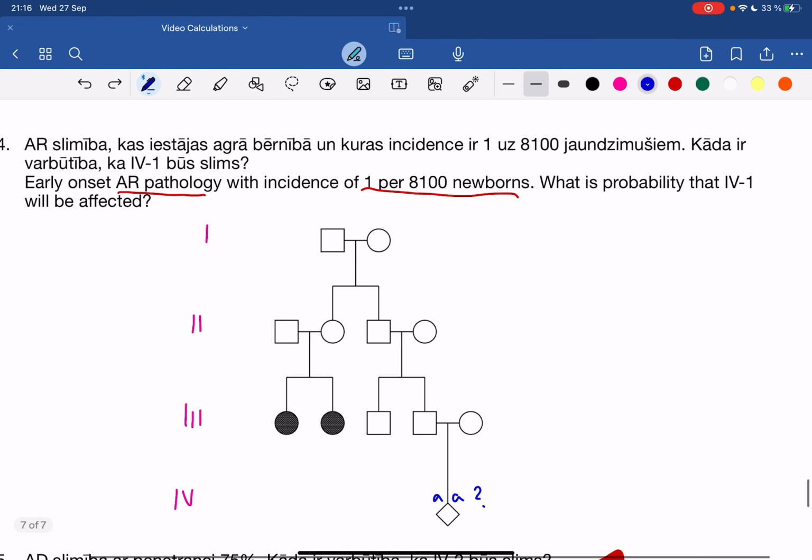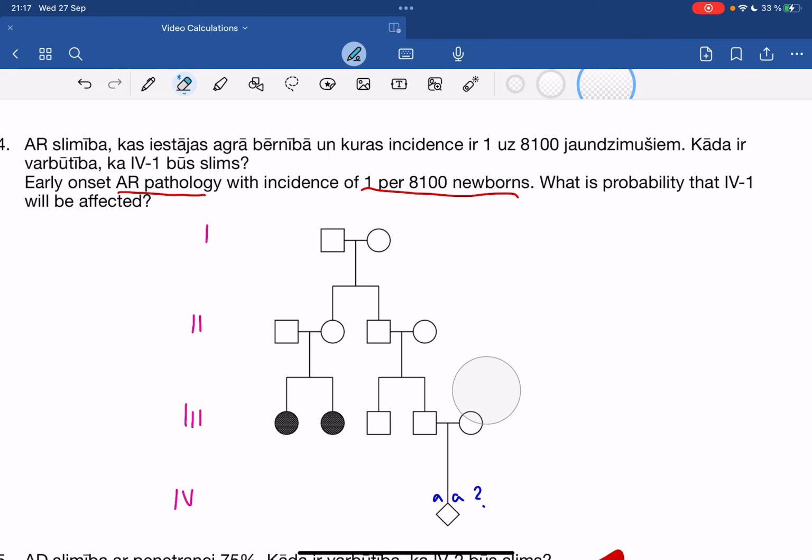Okay, what do we know about this kid's parents? Right here, we know that one has a pedigree tree, while the other does not. The other is from the population. And what do we know about the rules? If we have a person that doesn't have a pedigree tree and is from the population, and there's nothing in the question that talks about population frequency rate, then we just assume that this person is healthy.